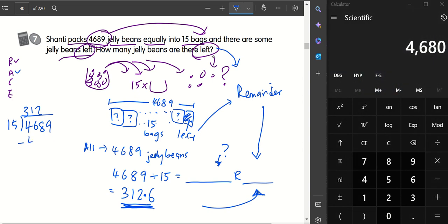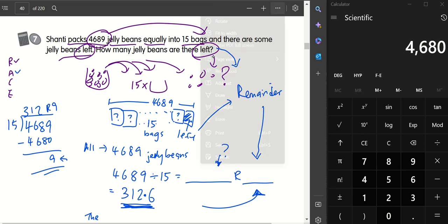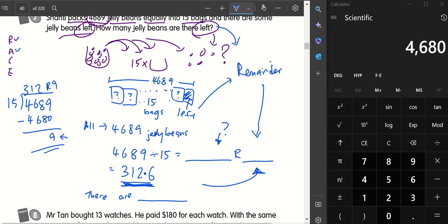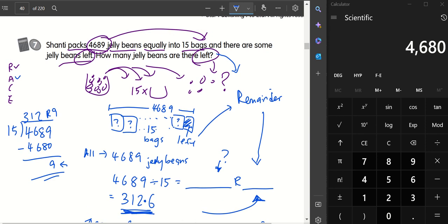That should give me this. So there are how many jelly beans left?